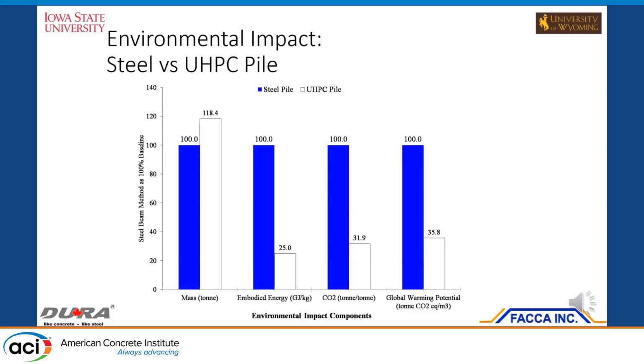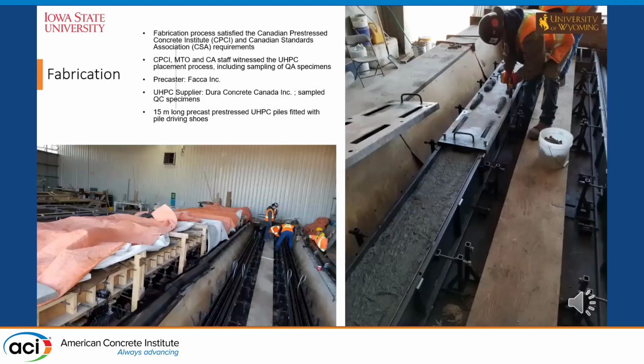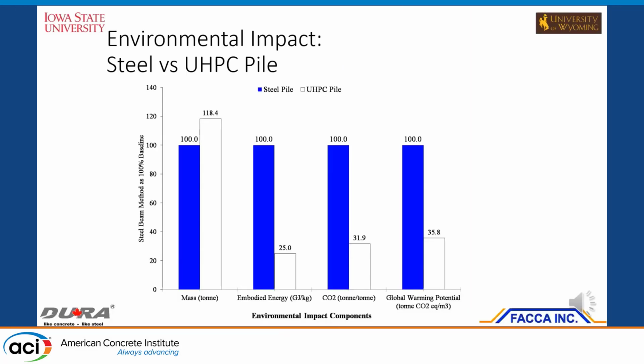There's an increase of 18 to 20% in the mass, but the embodied energy, the carbon, the CO2 emission, and the global warming potential are very favorable for UHPC piles. So they are huge reductions. It's very good environmentally to use the UHPC piles.